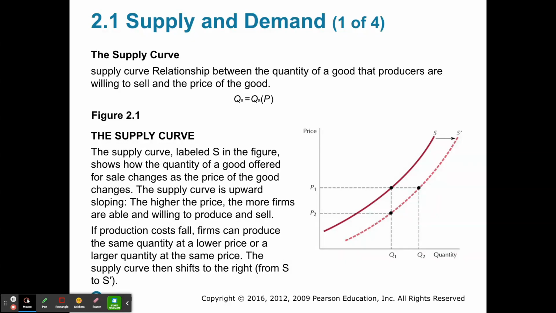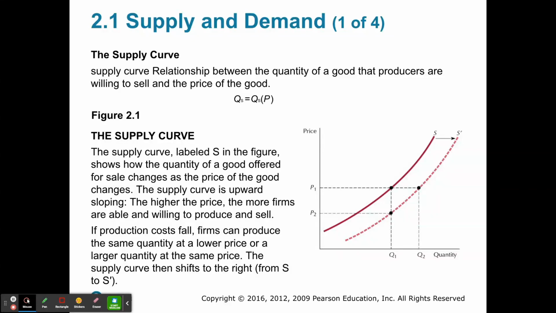So let's start with our supply curve, our basic definition and how it looks. The supply function, supply curve, is describing the relationship between the price of the product and how much a producer would be willing to produce at that price. There's a positive relationship between the two.